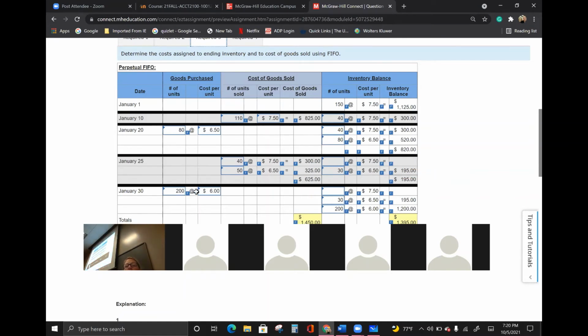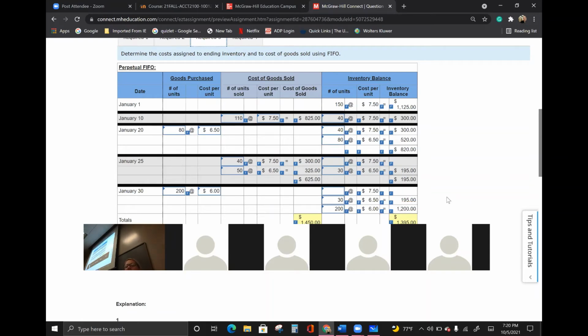Now I buy 200 units. So I have 30 at 650 and I have 200 at 6. Let's say I sell 50 units. Which ones am I using out of this grouping? Which one would I use first? 30 of the older ones. And then how many do you have left? Yeah, so if we sold 50, we would have 20 left. I would take that 20 out of the 200.